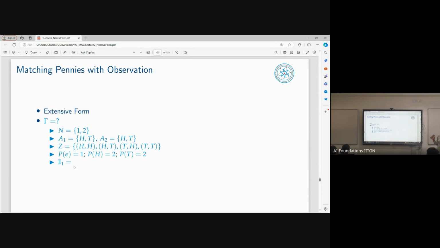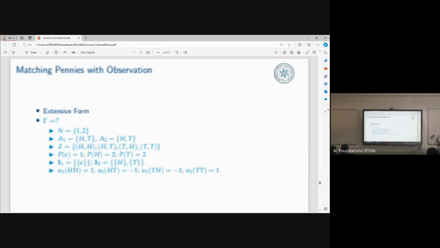These are the player assignments. And now the information set of the second agent has 2 different nodes. One is at H, the other is at T, because now it knows what the outcome of the toss of player 1 was. Was it head or tail? So at head, it will have to toss, at tail, it will have to toss. That's how you think about it. These are the corresponding utilities.